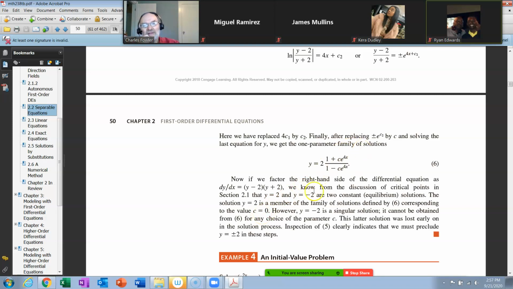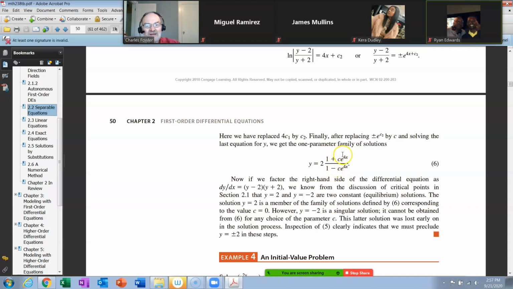Yeah, that works. When c is equal to 0, y is equal to 2. Because if this c is 0 and that c is 0, they're the same c's, then these two are both 0, and you have 2 over 1, which is 2. So that certainly works. However, y is equal to negative 2 is a singular solution because you cannot come up with a c that would give you that solution.